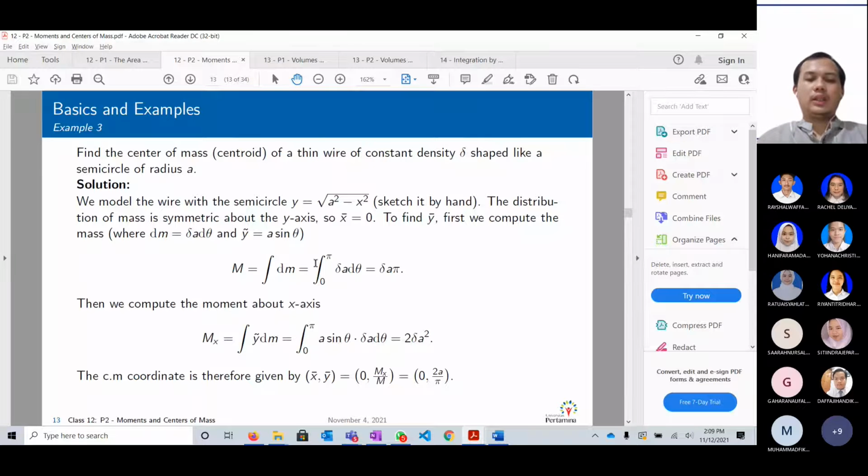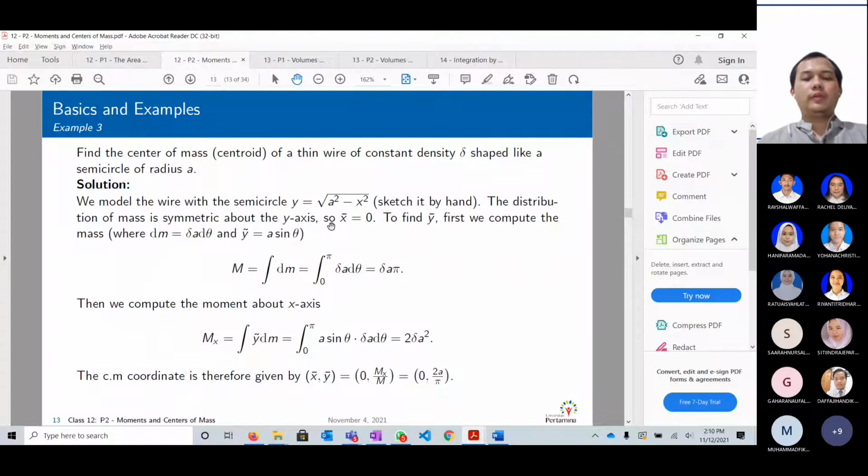That's why the integral is from 0 to pi. And in this case, we have that the mass is delta times a times pi.